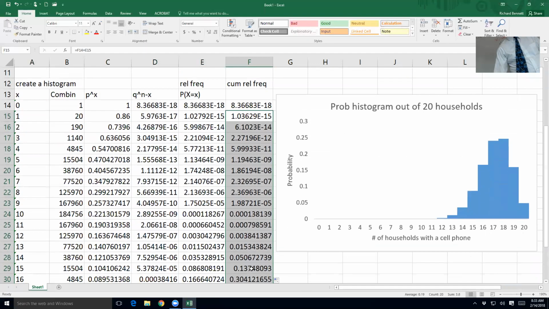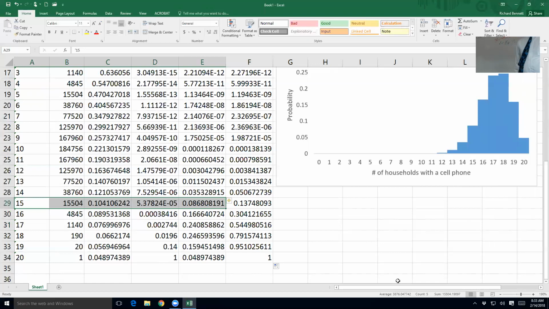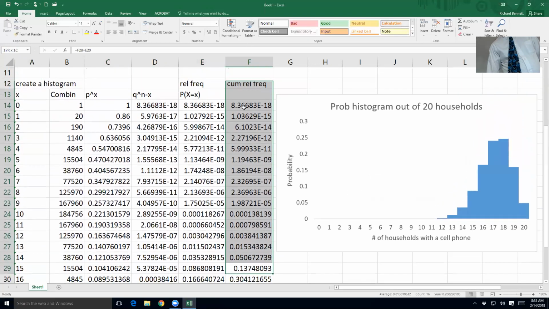All right, so now what we can see here, if X equals exactly 15, that's going to happen about 8.5% of the time. What's X 15 or less? It's staring you right in the face. It's 13.7%. So if I wanted 15 or less, I'm just adding up everything above this, and that adds up to 13.7%.